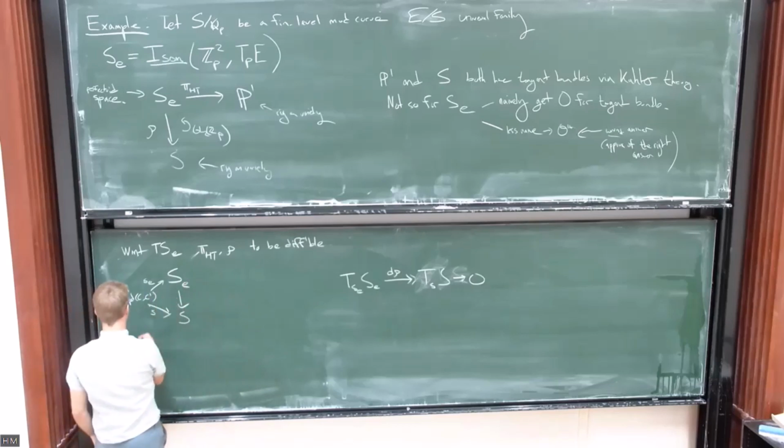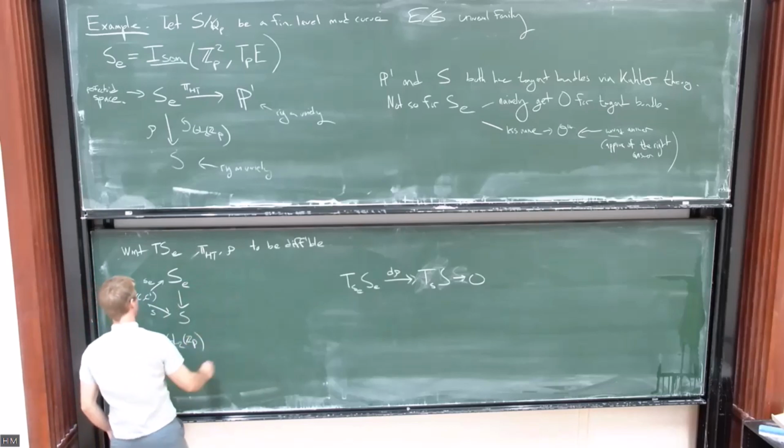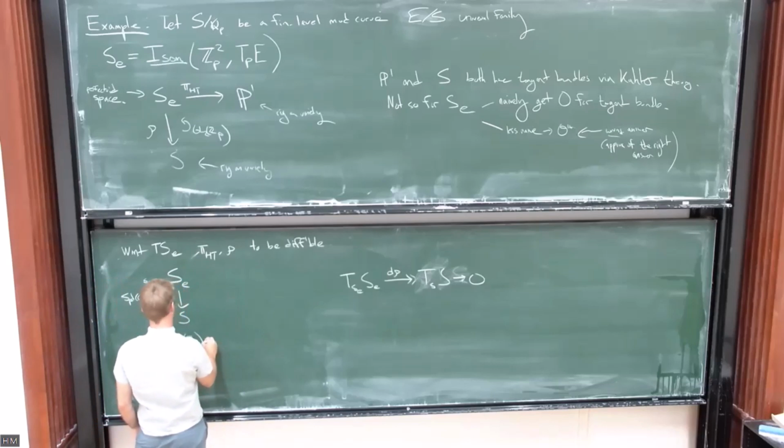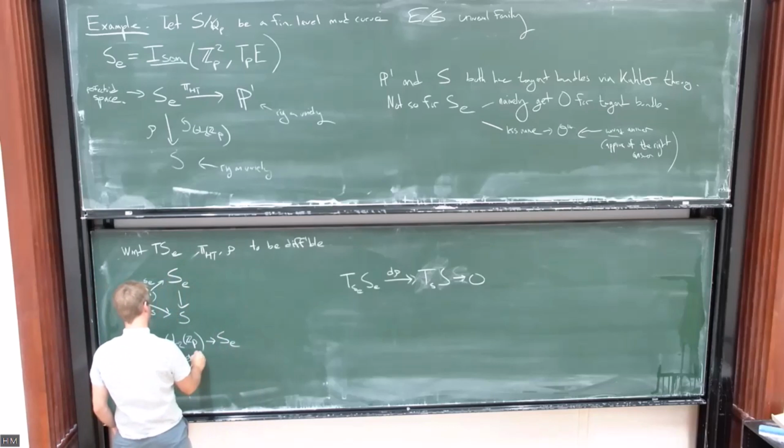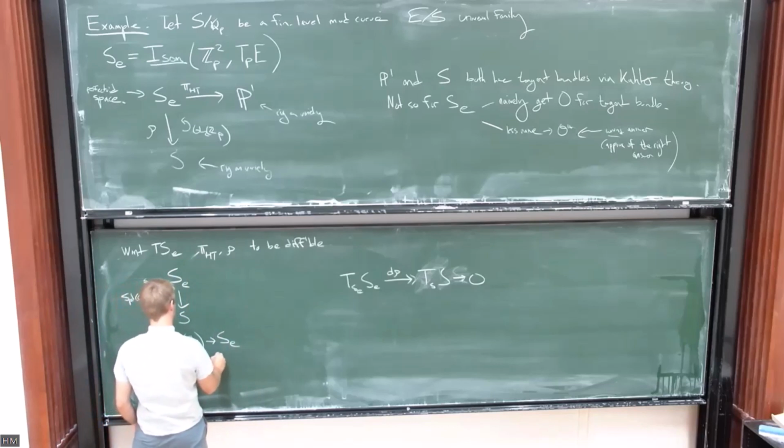Well, I have an orbit map from GL_2(Z_p) to S_E that sends g to g times the point.